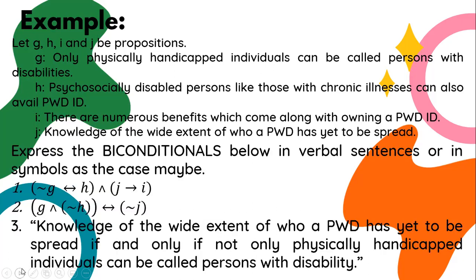Ayan, dun sa definition siya, ano? Ay, wala pala, sorry. Sa biconditional, wala yung implies. If and only if lang talaga. If and only if, yun. Yun lang yung ginagamit, ha? Ang P implies Q ay sa conditional lang. Sa biconditional, if and only if lang yung gamit natin.